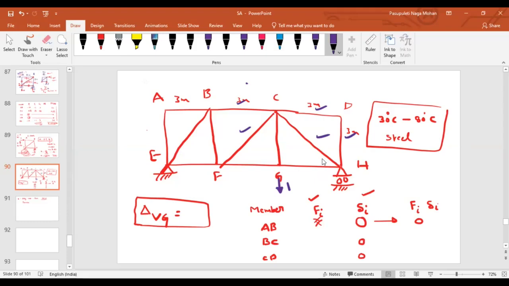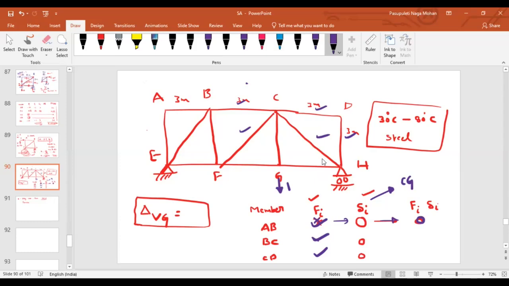Because even if I take 10 or 20 minutes to find it, if I multiply with 0, what value will I get? Zero. So if any one quantity is 0, do not bother about finding the other value, because there is no point in finding it. So in this case, delta I exists only in which member? The temperature change exists only in member CG. So Fi, I will find in how many members?